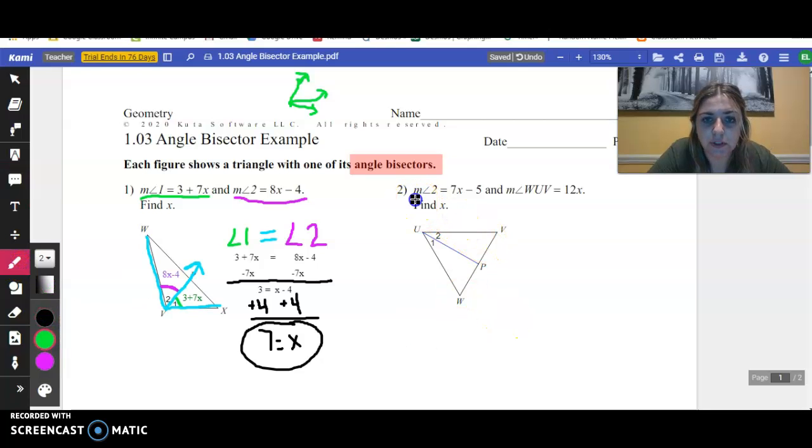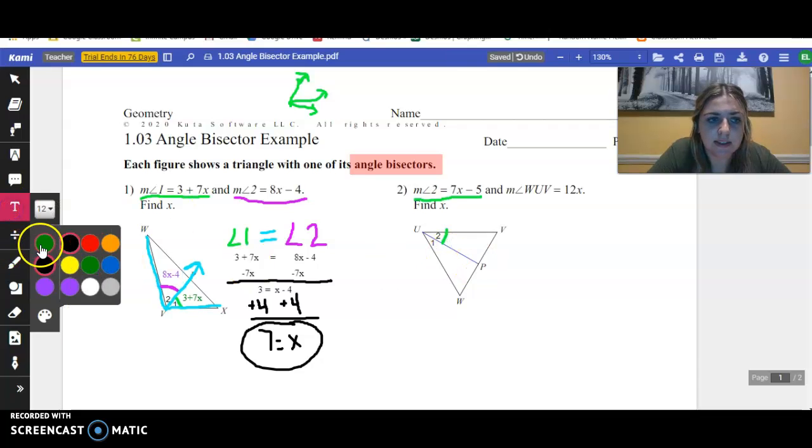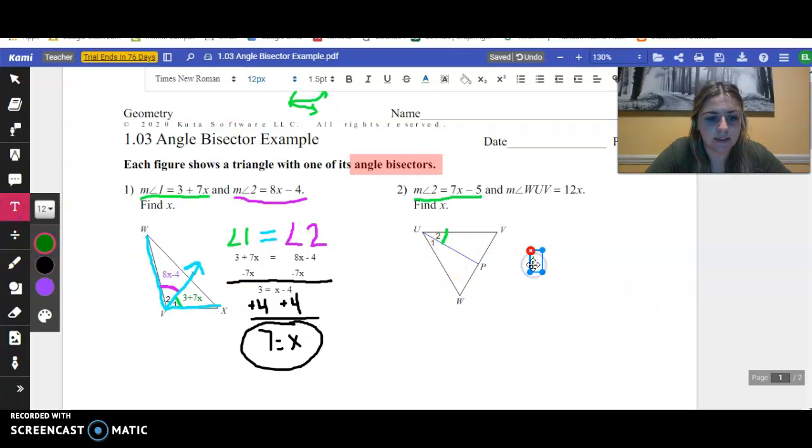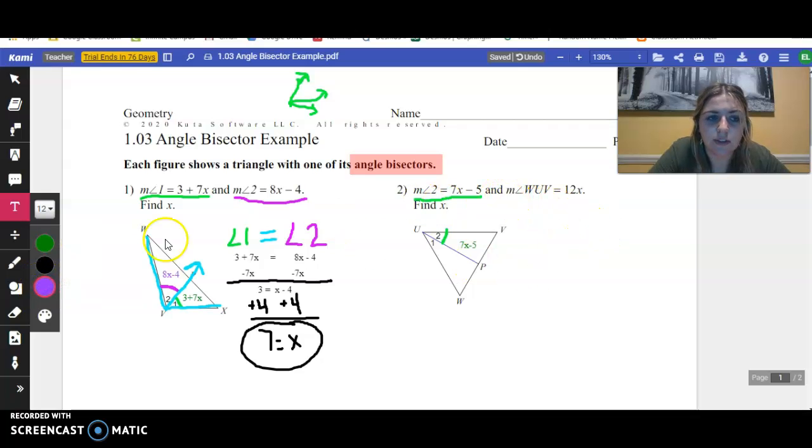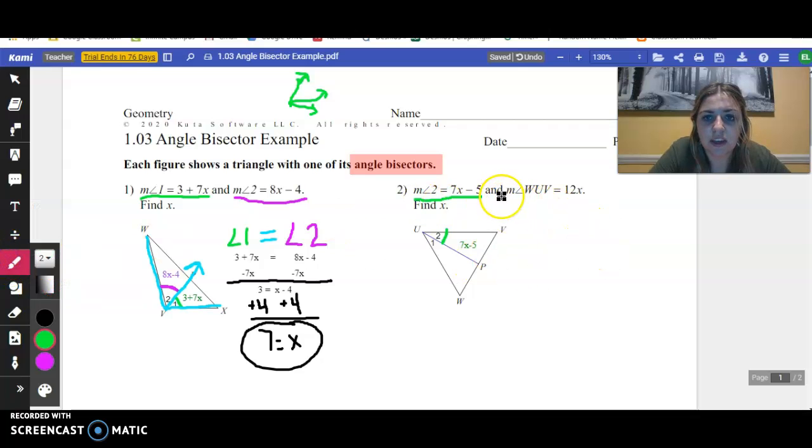On this one we are told the measure of angle 2 is 7x minus 5. So this piece right here, this angle, is 7x minus 5. And then I was told that angle WUV equals 12x.